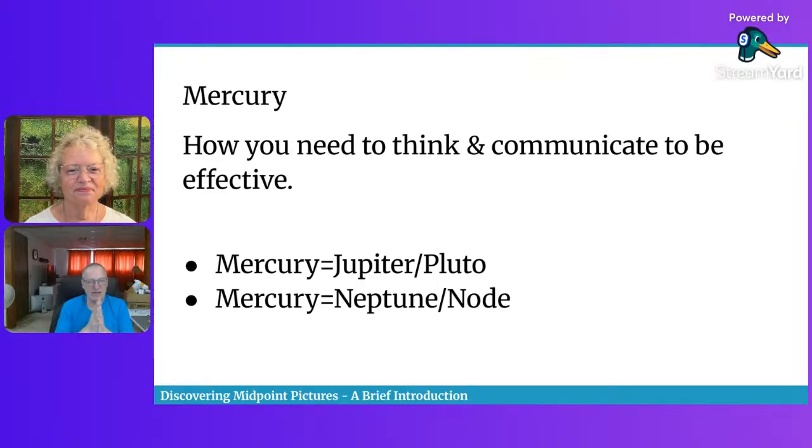Mercury, again, is how you need to think and communicate to be effective. So in this case, if you remember one of our big midpoints, it was Jupiter Pluto. And we learned that anytime you see Jupiter Pluto inside or making a connection with one of the planets, there is the chance for something really big and prosperous to happen. Now, again, this is at the level that you're at.